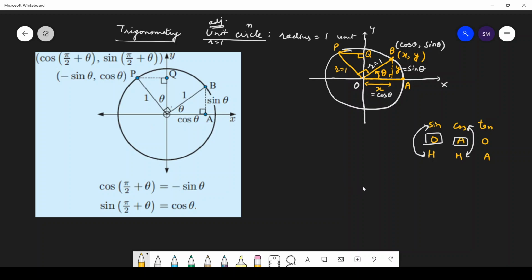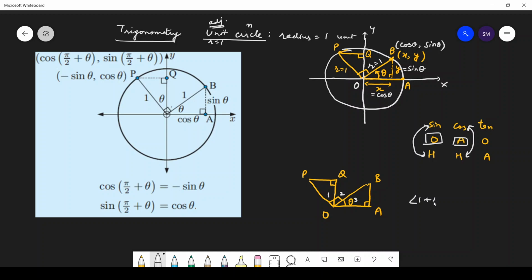Now students, very important point here. These are the two triangles that you have. This is O, P, Q, and this is B, and this is A. And this angle is theta. This angle is 90 degrees. Let's suppose angle 1, 2 and this angle 3.